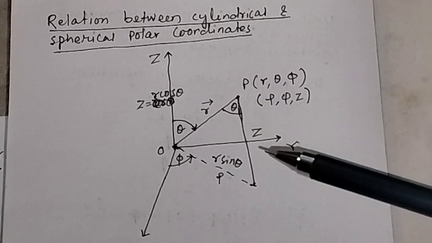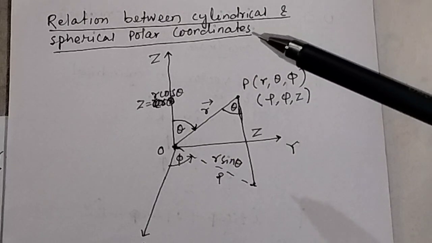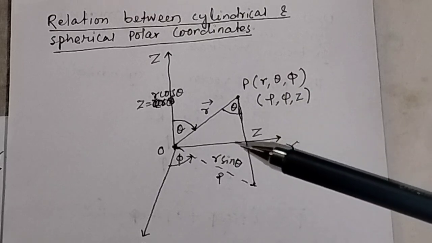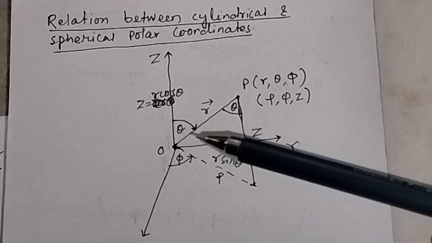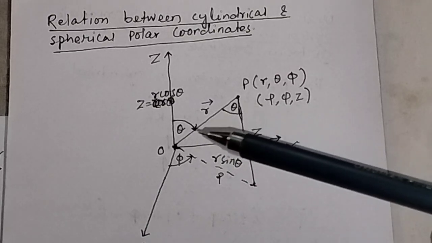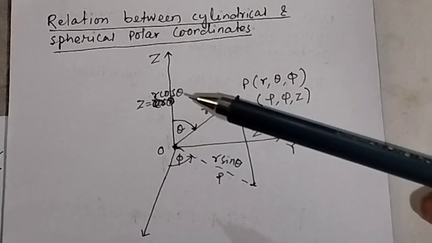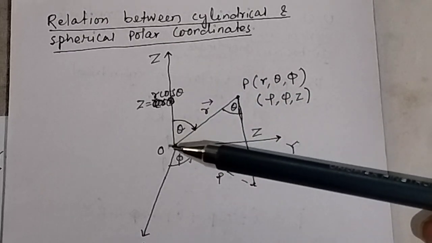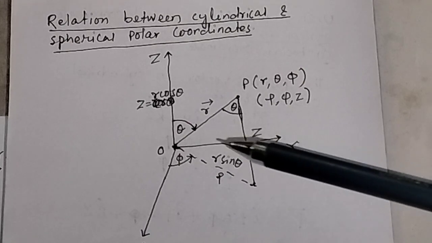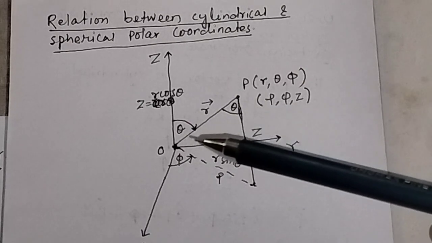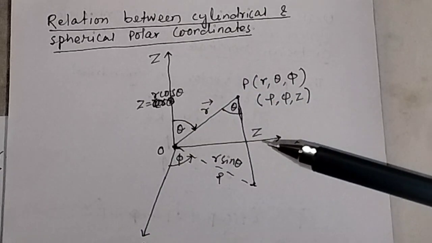So now we will establish a relation between cylindrical and spherical polar coordinate. You see the radial distance r makes an angle, suppose theta, then this component will be equal to r cos theta, and this component will be r sin theta. So the radial distance has two components, one along the z axis, another along the y axis.